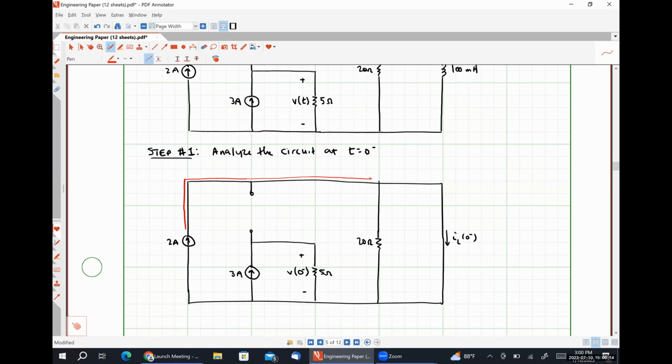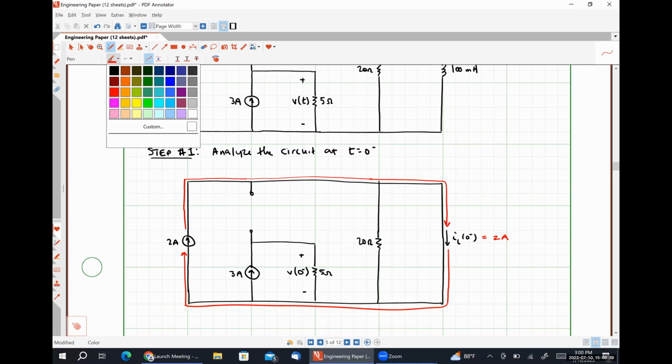What's going to happen? Short circuit. Yep. So all of that 2 amp source flows through the inductor. So IL at 0 minus has to be 2 amps.